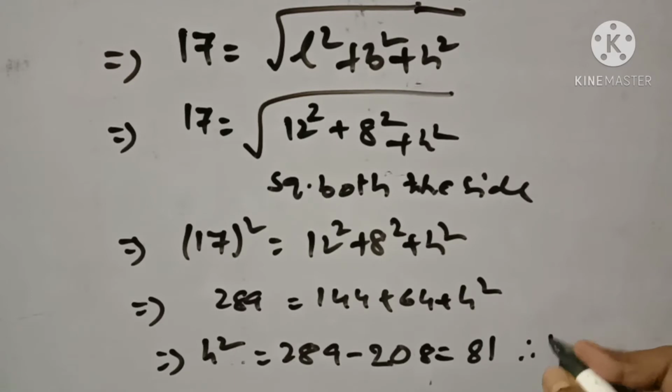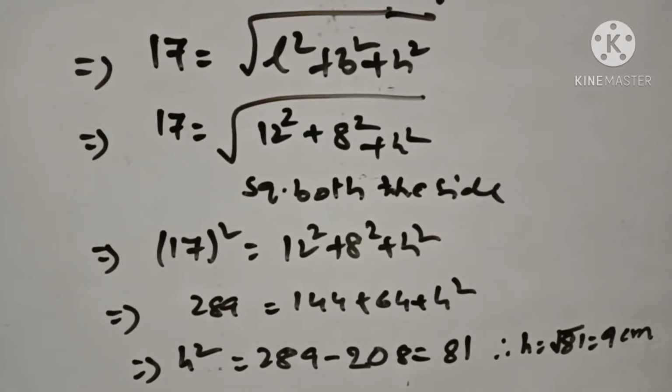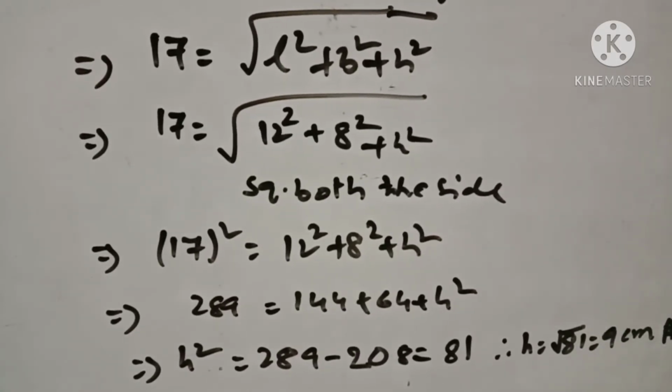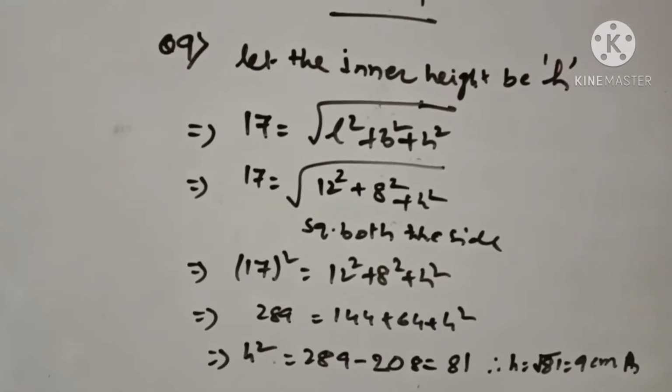Therefore h equal to under root 81, that is 9 centimeter. So this is your question number 9. Write down please.